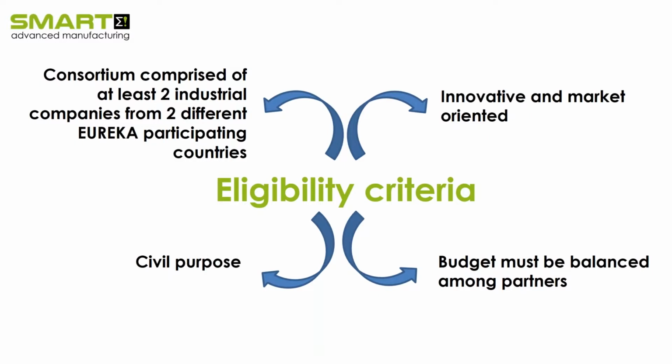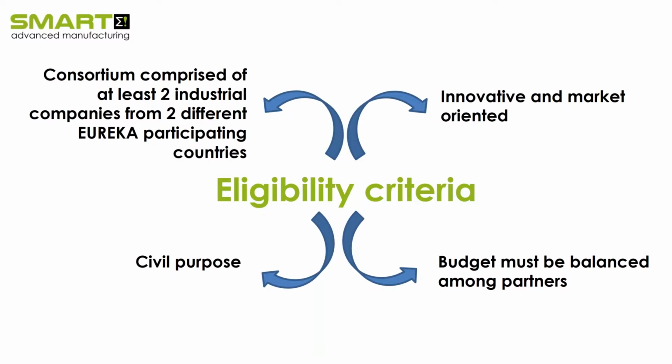The project has to be innovative and market oriented. I repeat, this TRL level has to be from say 6 to 8, with this proximity to the market. So we will see later in the full proposal sections how important it is to provide these messages on impact and knowledge about the market. Of course, the Smart project and all the Eureka projects have to have civil purposes, not military purposes.